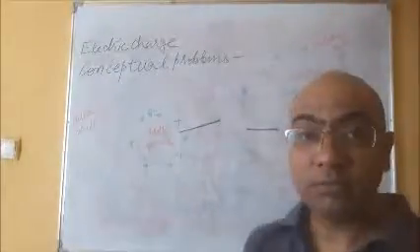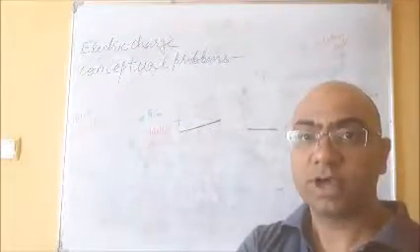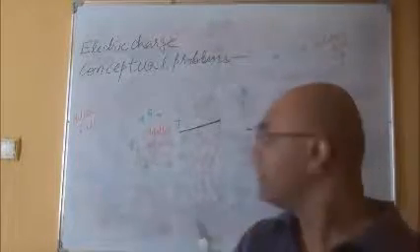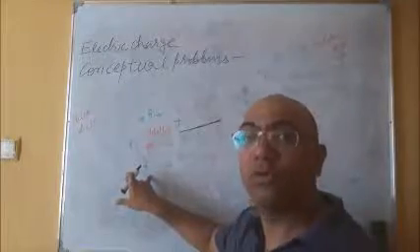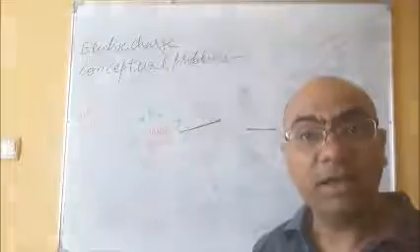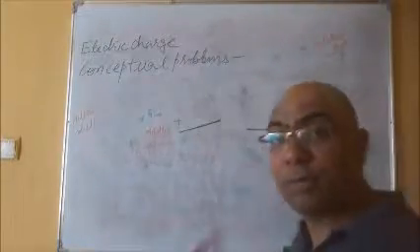This is a conducting rod, so flow of charge is possible. So what would be the answer? Whether this charge will go to this surface, or it will be divided, or what will happen? Same case, what will happen here?